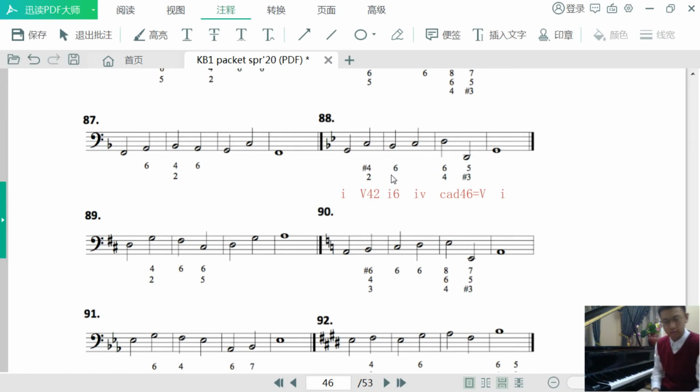Oh, that works really well. How about we start on the third? 1/6, 4, cadential 6/4, 5, 1.